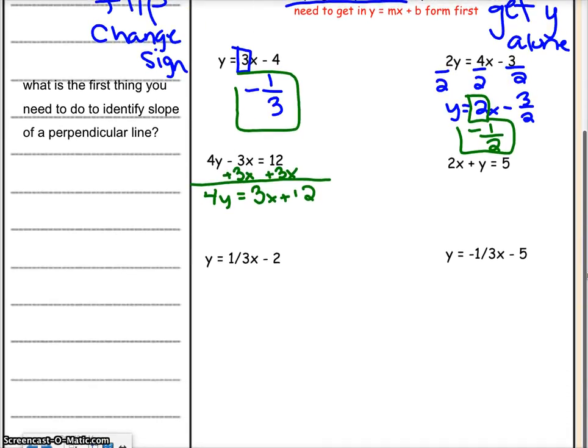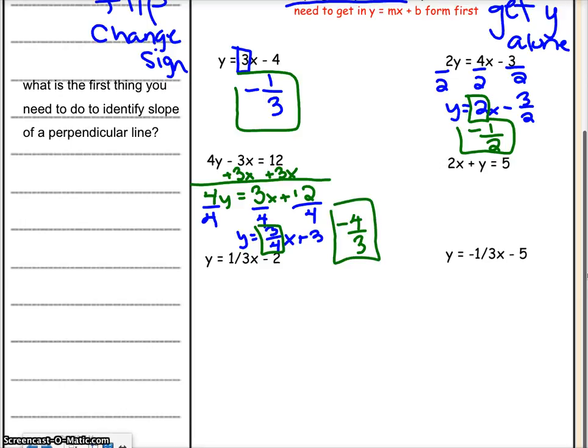Y equals 3 over 4 x plus 3. Analyze the slope. Now, flip, change sign. So flip it, 4 over 3. Change the sign, negative. Did it.